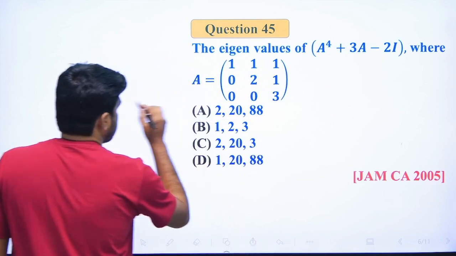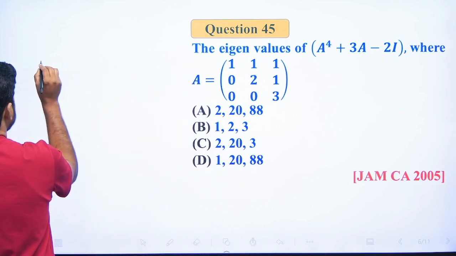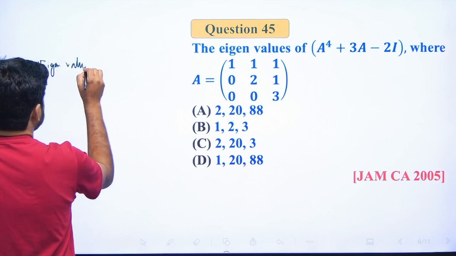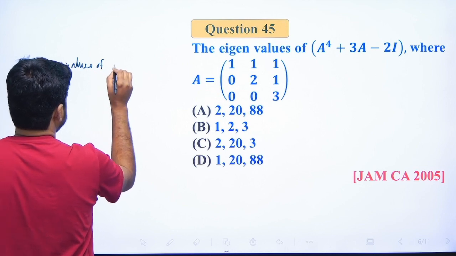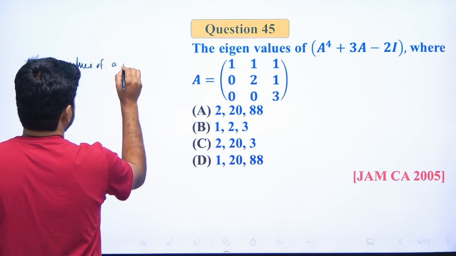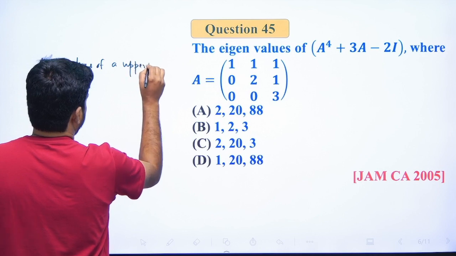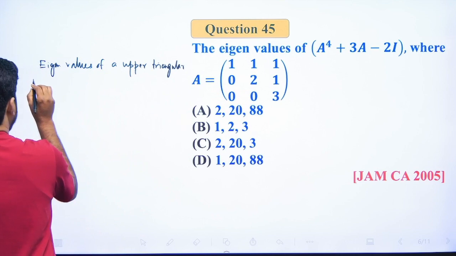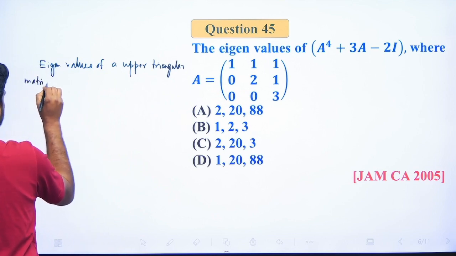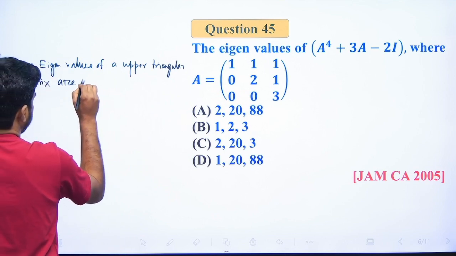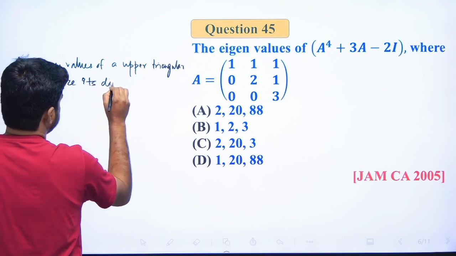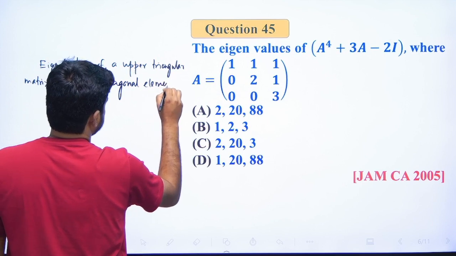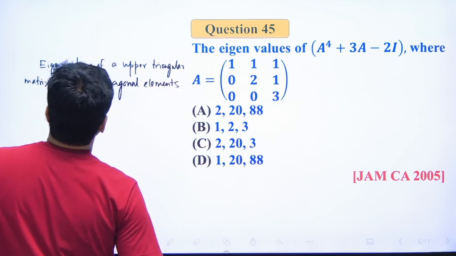Eigenvalues of an upper triangular matrix are its diagonal elements, right?